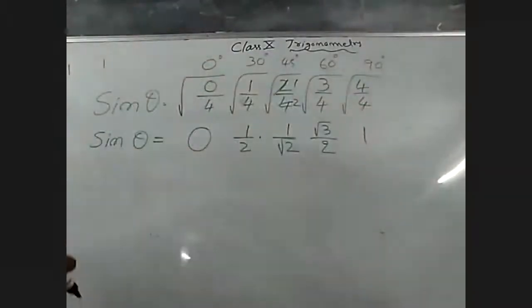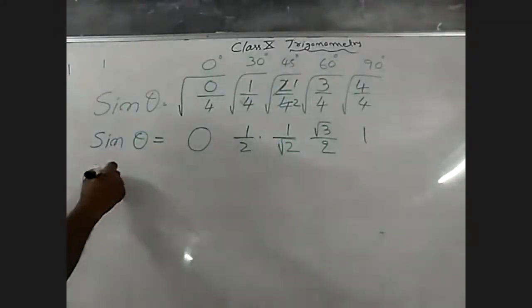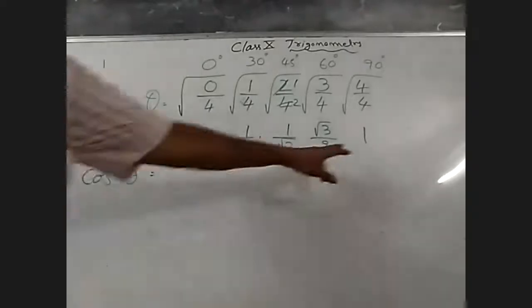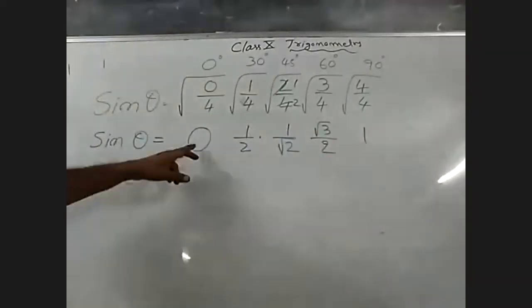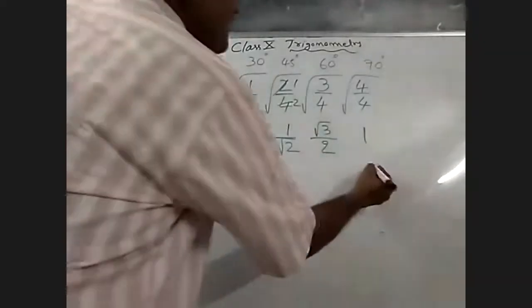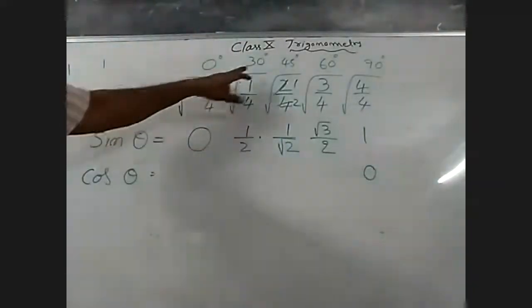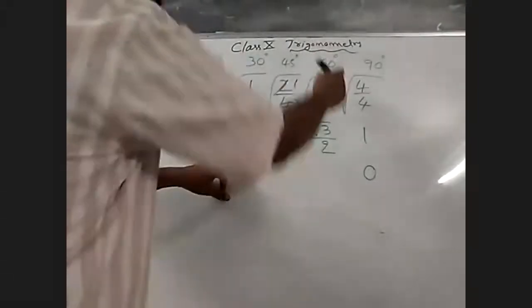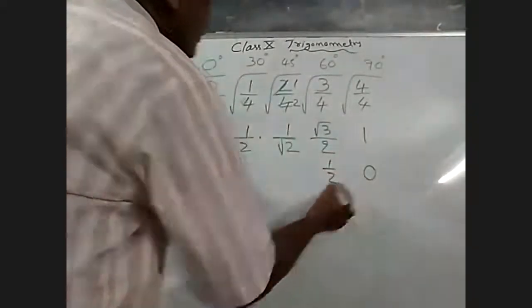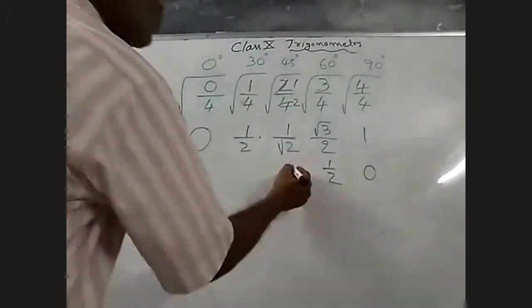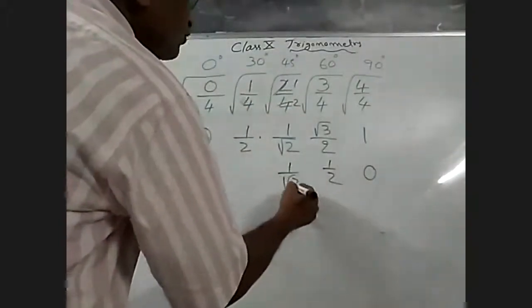Sine 90 is 1. Now you again reverse it. You will get cos values. Reverse: sine 0 is 0, cos 90 is 0. Just reverse the values. Sine 30 is half, cos 60 is also half. Again 1 by root 2, 1 by root 2.